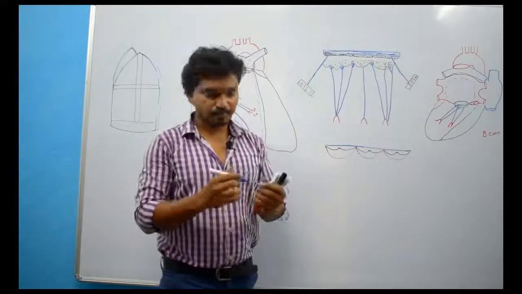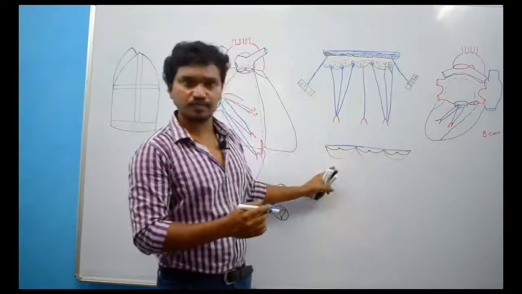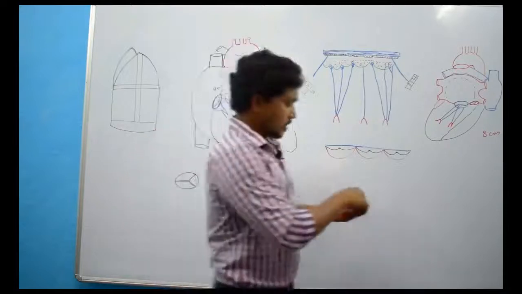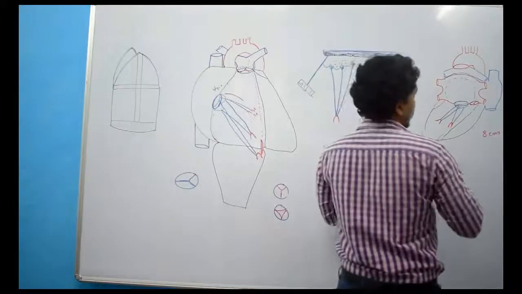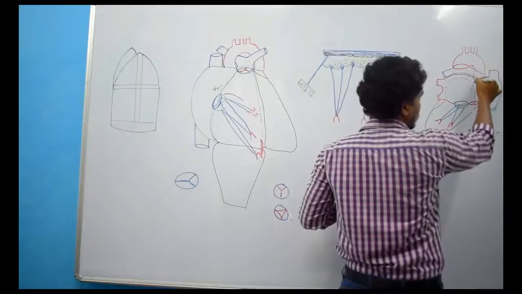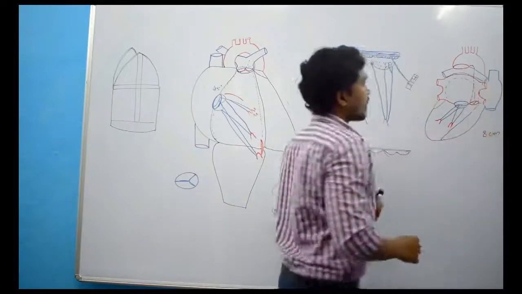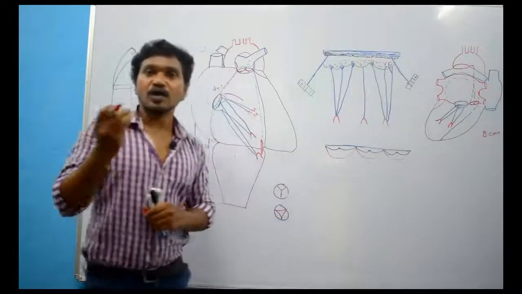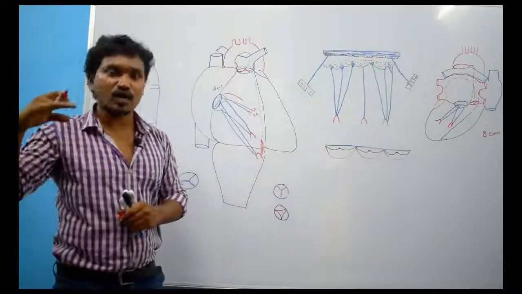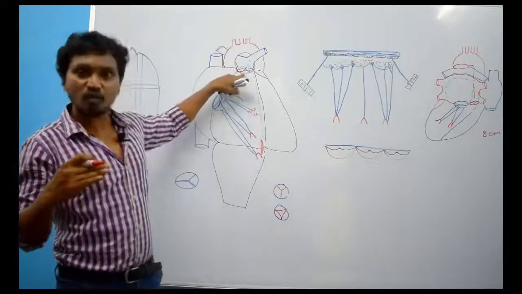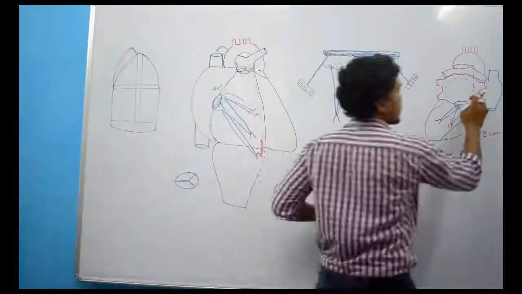Clear? Then the structure is similar, and above the aortic orifice, that means above the semilunar valve, you can find a dilatation here.